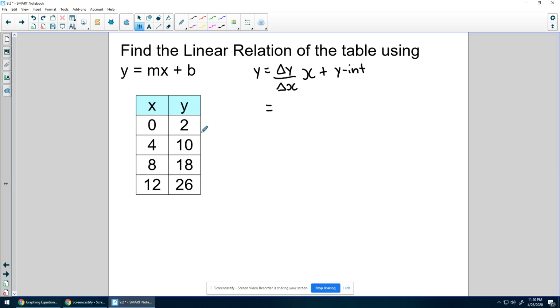So looking at this, change in y is 2 to 10, that's going up by 8. Up by 8, so on. So we know that's going to be 8 over change in x. It's going up by 4, up by 4, and up by 4. x stays plus our y-intercept.